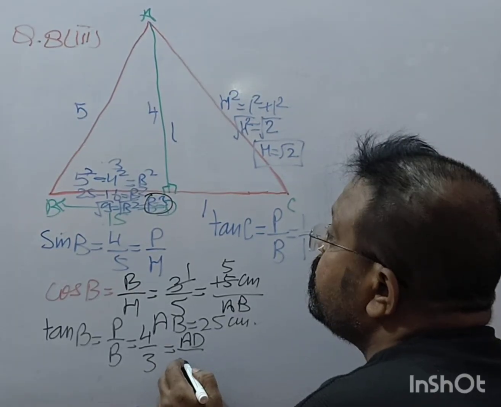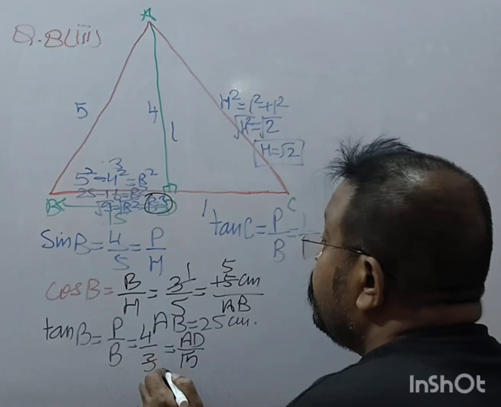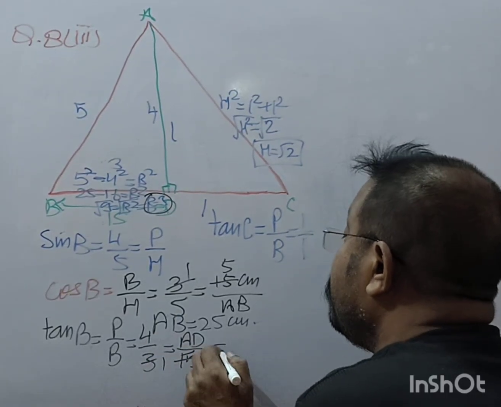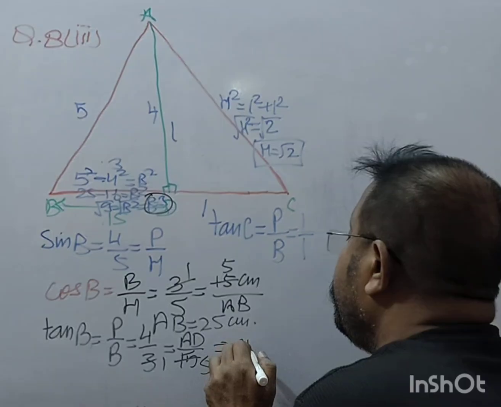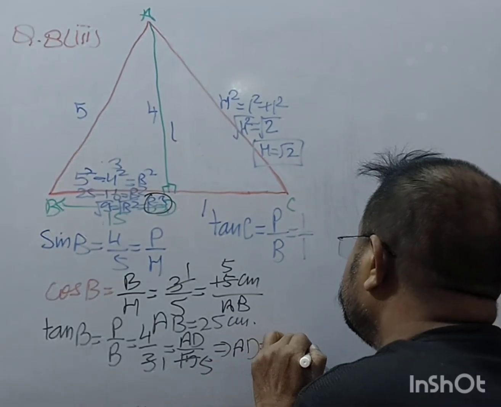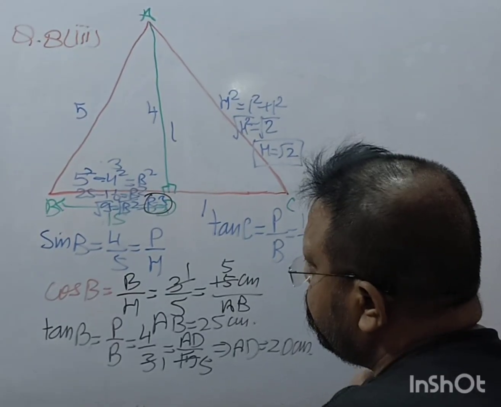AD upon base is 15, so it is 5 times, cross multiply. So AD is equal to 20. You get this? AD is 20.